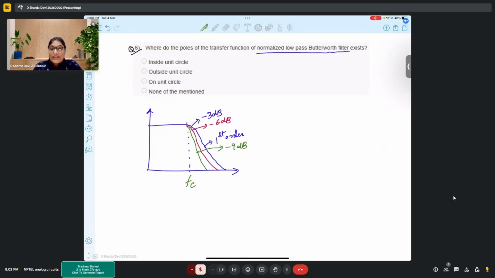In Butterworth filters, no matter how many orders of filter you go for, the dip or deterioration at FC is only minus 3 dBs. Even if you go for 10th order or 12th order filters, the dip is only minus 3 dBs. So that is the advantage that you get from a Butterworth filter, right?